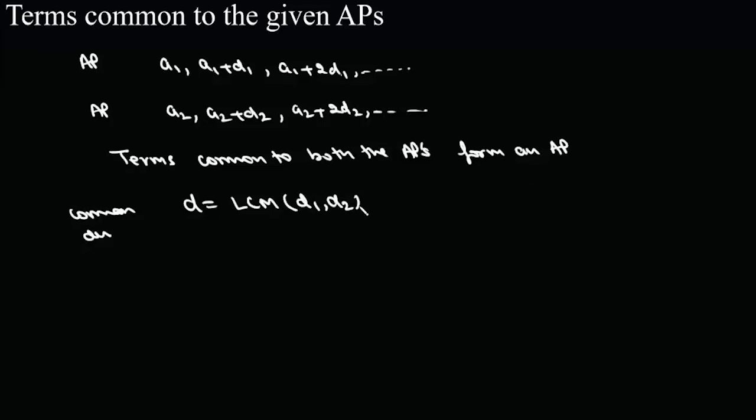So the terms which are common to both the APs will also form an AP, and that common difference will be the LCM of the common differences of the two given APs. And by observation or by using the initial few values, we can calculate this A, which is the first common term.